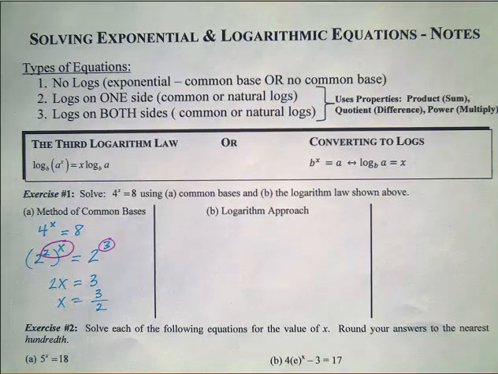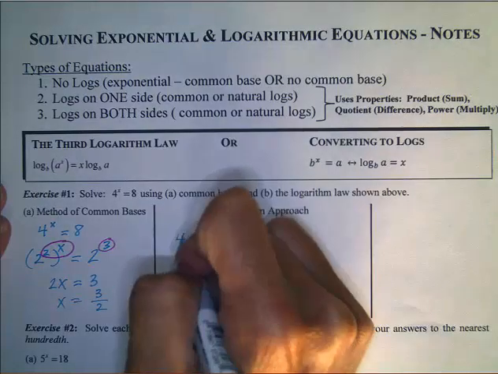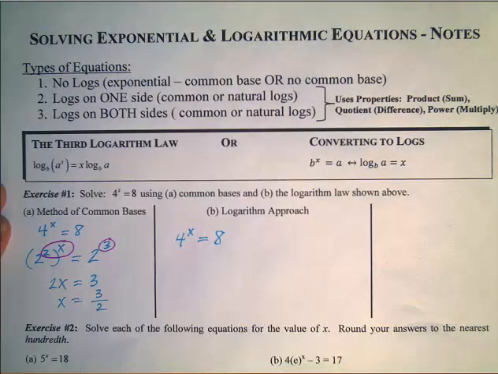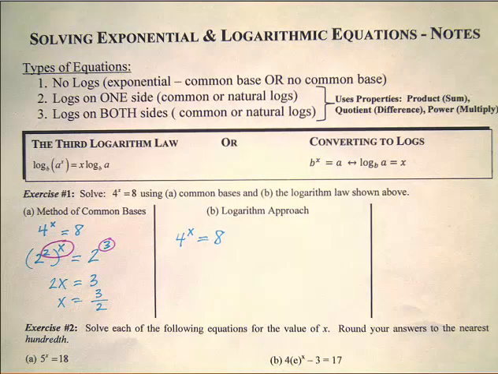Well, not all exponential equations have like bases. So when we proceed, we may not be able to use the method of common bases. We may have to use a log approach. So the first log approach is 4 to the x equals 8. We could take the log of each side.